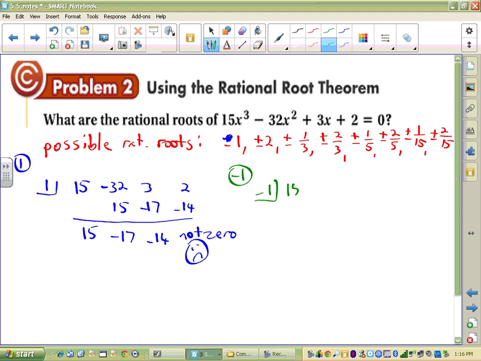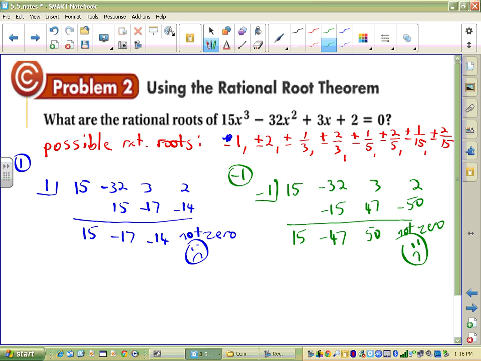And we have a 15 and a negative 32 and a 3 and a 2 and a line and a 15 and a negative 15 and a negative 47 and a 47 and a 50 and a negative 50 and again not 0. And again we're kind of sad. This is really frustrating. If at first you don't succeed, try again. It's not negative 1 either.